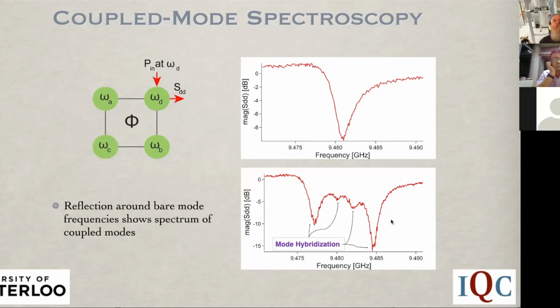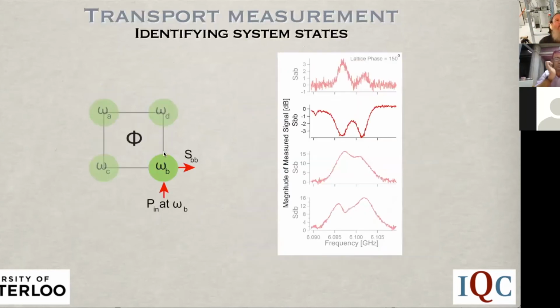And if I look around the frequencies of each of the individual modes, I see a similar thing. I see coupled modes at each of these frequencies. And how do I measure transport? Now my modes are at different frequencies, so to measure transport, I have to measure essentially frequency conversion. I can probe around an individual mode and I see some dips.